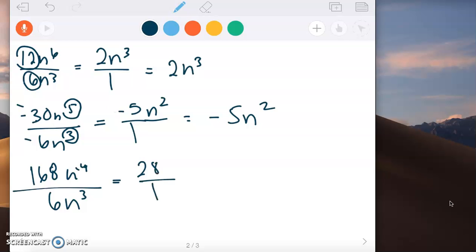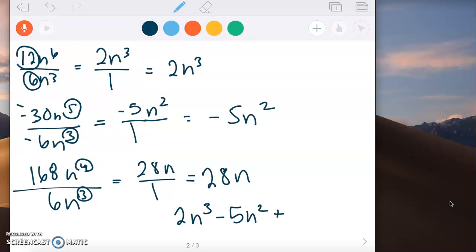And again, our exponent on top is bigger than our exponent on the bottom. So 4 minus 3 up there is just n to the first power, which is just n. So this gives us 28n. Now when we put those all together, we have 2n cubed minus 5n squared plus 28n.